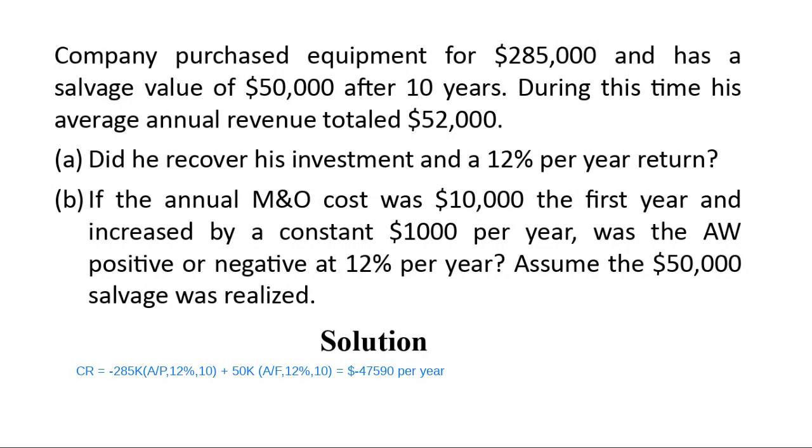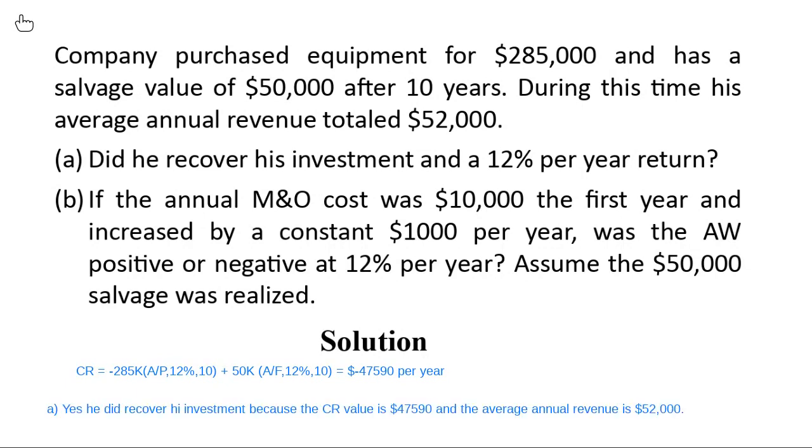So the average annual he has is greater than the capital recovery. This means he is generating more than what is needed to recover the initial investment within the 10 years at 12% per year. This is how you answer this type of question.